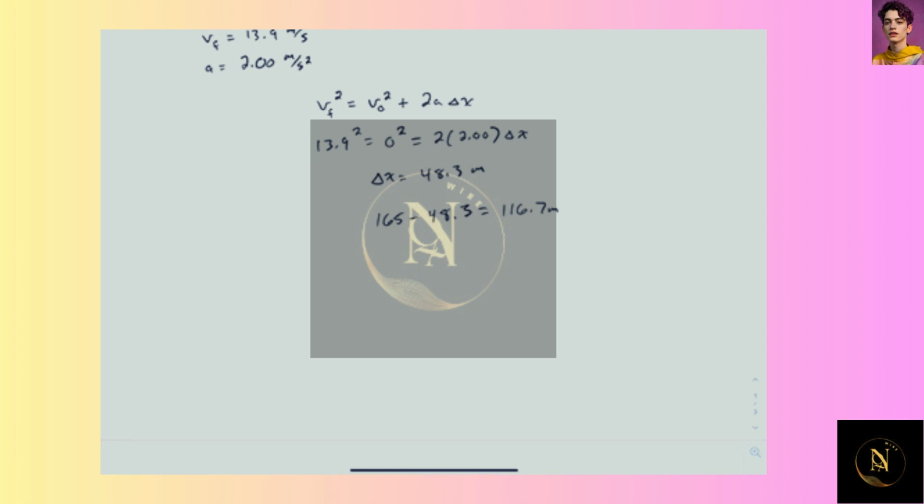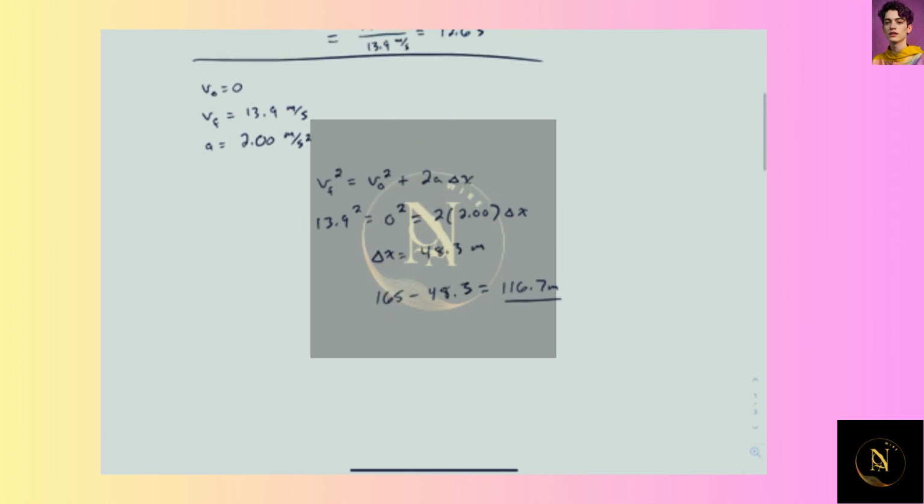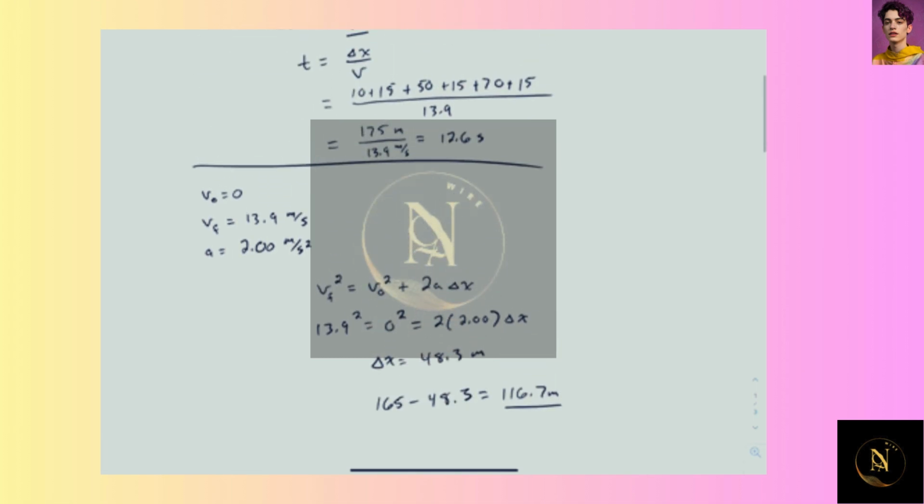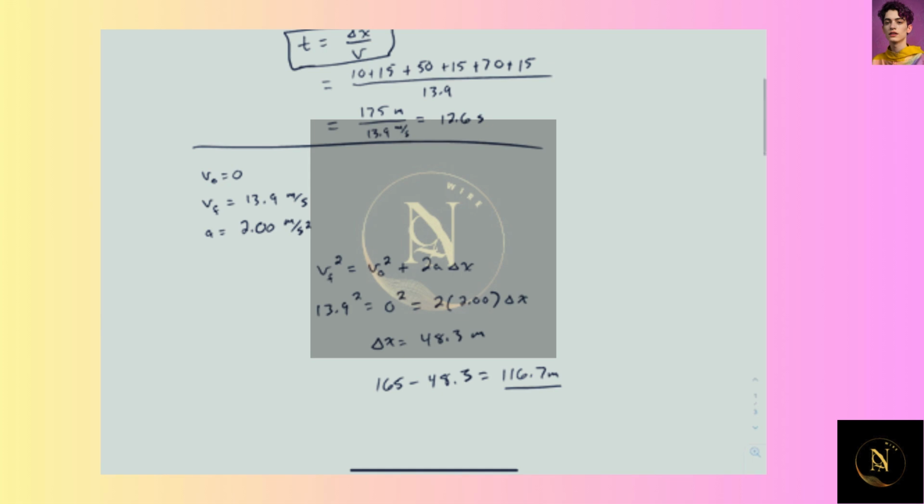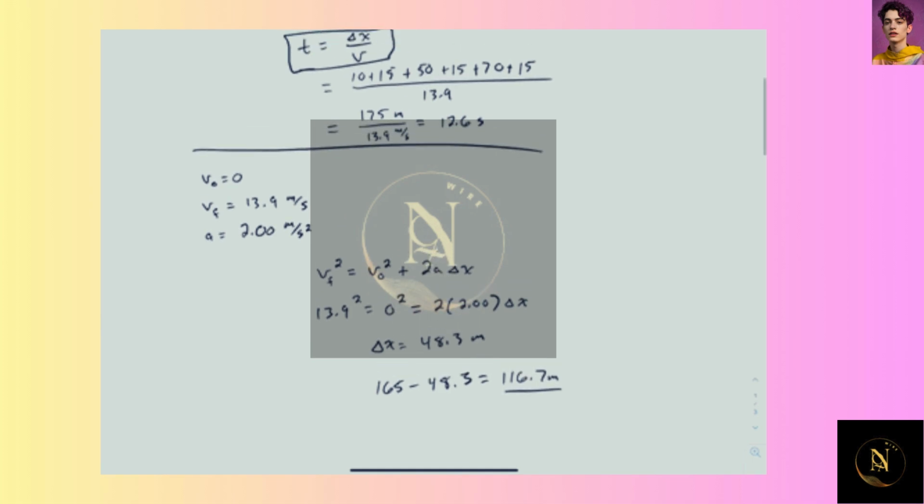And we can use the same thing we did for the first car, where t is delta x over v, because it's the same thing, just starting from a different point.